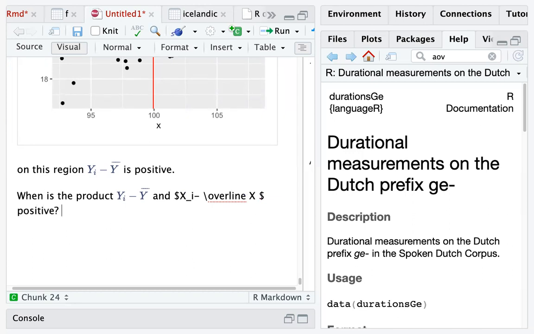Well, when they are both positive, either positive or negative, when they have the same sign. Otherwise the product is negative.